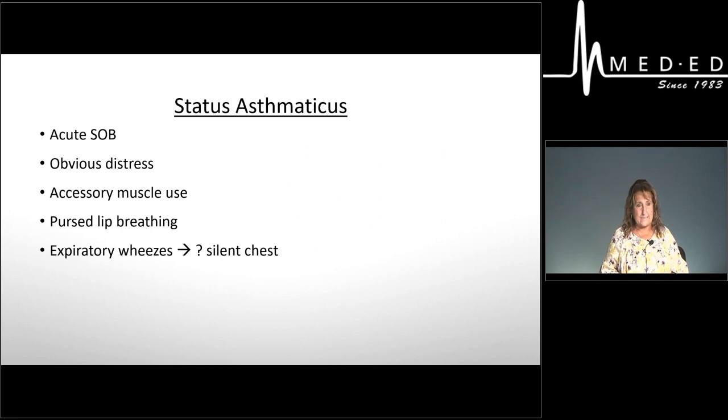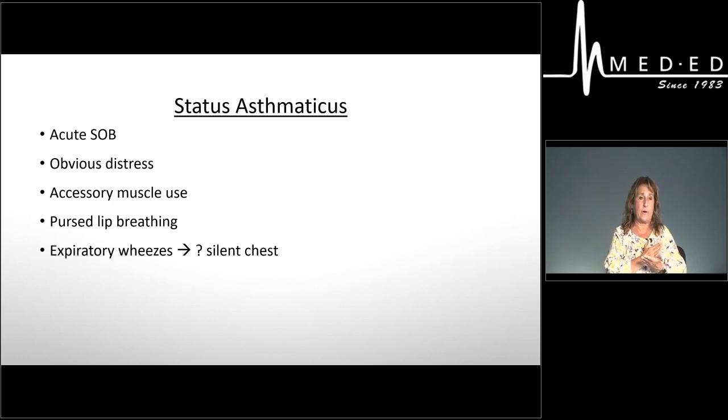So status asthmaticus, if the patient is not responsive to your therapy, which we will talk about in just a minute, they're going to experience more acute shortness of breath. They're going to be in obvious distress, and they're going to be using those neck and stomach and rib muscles that normally we don't see people using. So they're going to use those accessory muscles, and they're going to be really doing that pursed lip breathing.